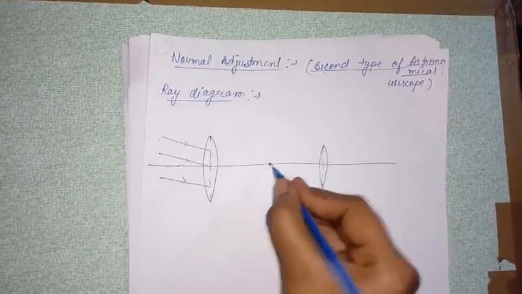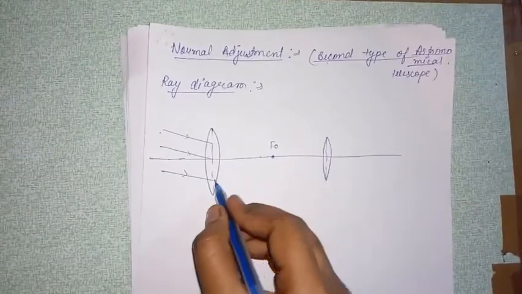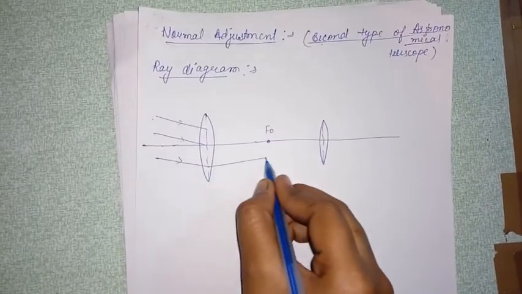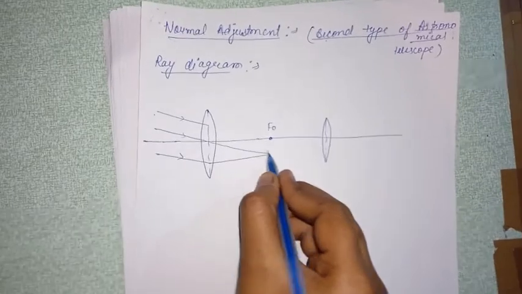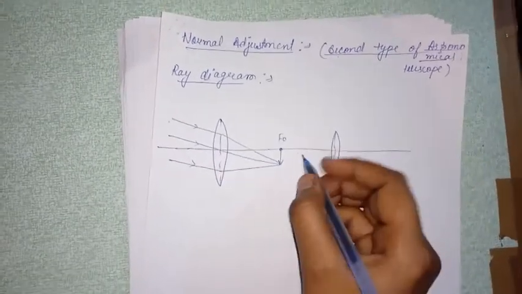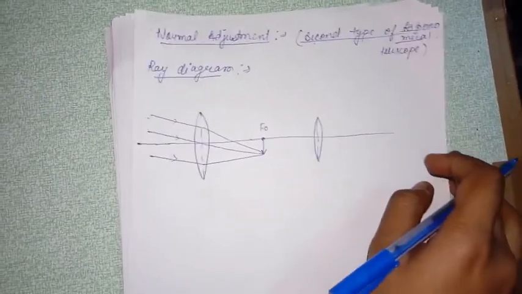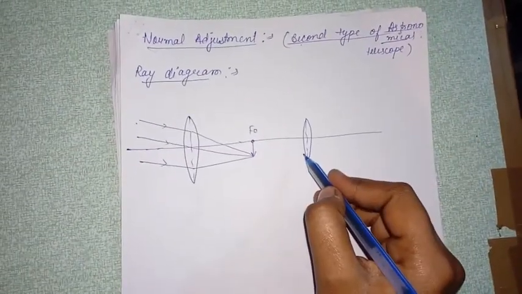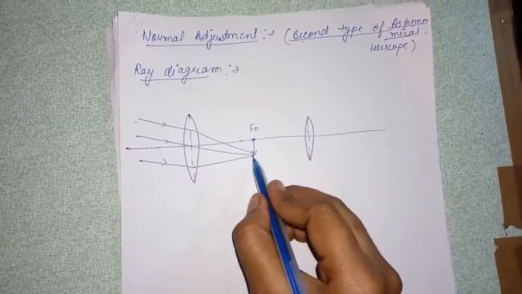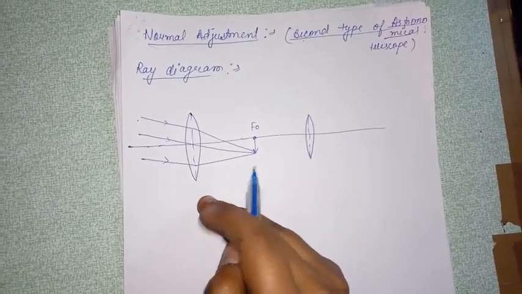Now we will mark our focus F0. Then here our image is formed. So our image is formed at infinity. Our final image is formed at infinity. So the object must be at focus. Then our image must be formed at infinity.